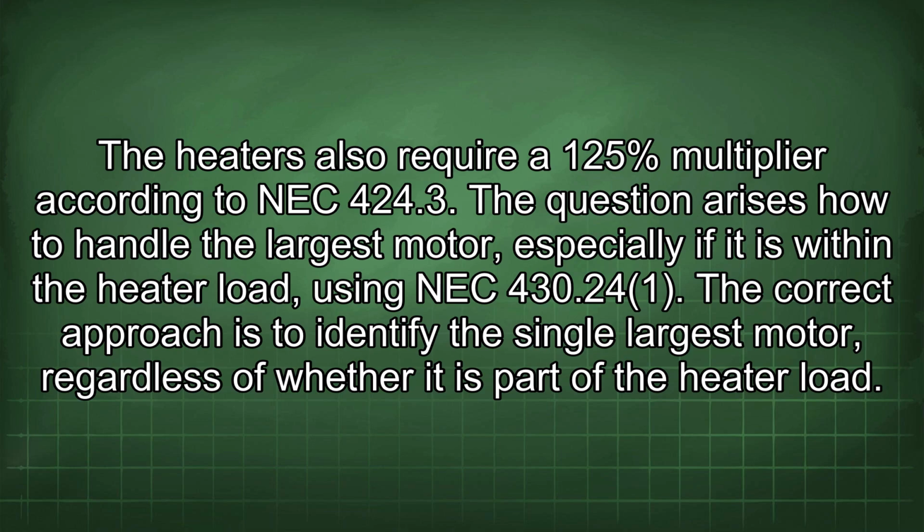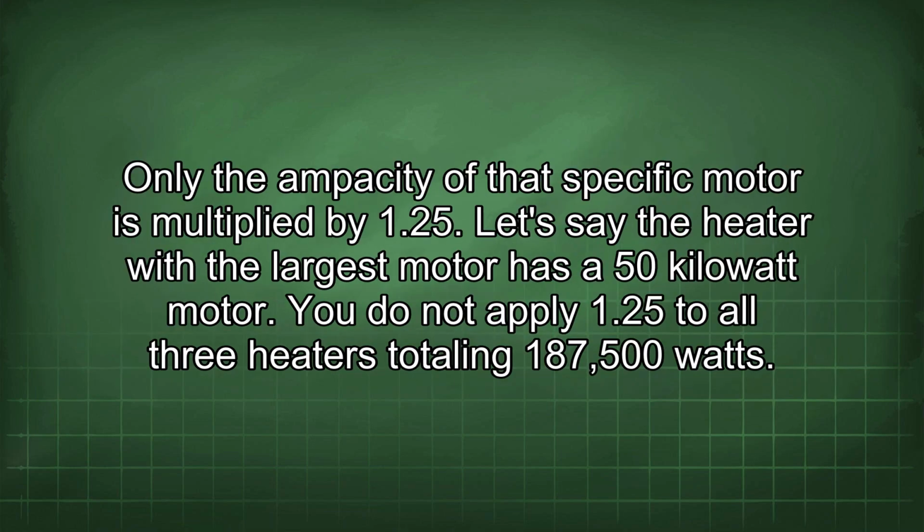Using NEC 430.24, the correct approach is to identify the single largest motor, regardless of whether it is part of the heater load. Only the ampacity of that specific motor is multiplied by 1.25. Let's say the heater with the largest motor has a 50 kilowatt motor. You do not apply 1.25 to all 3 heaters totaling 187,500 watts.